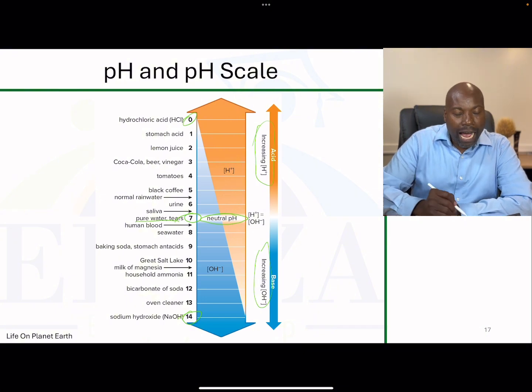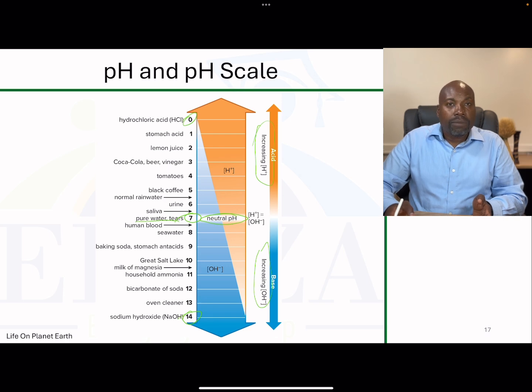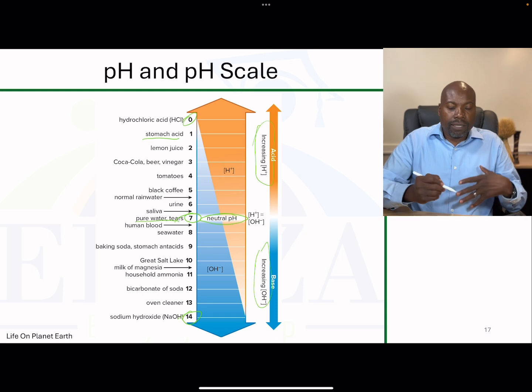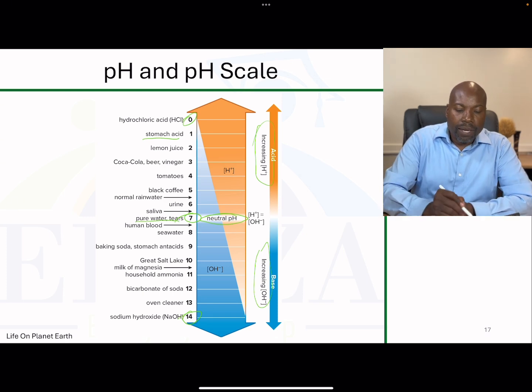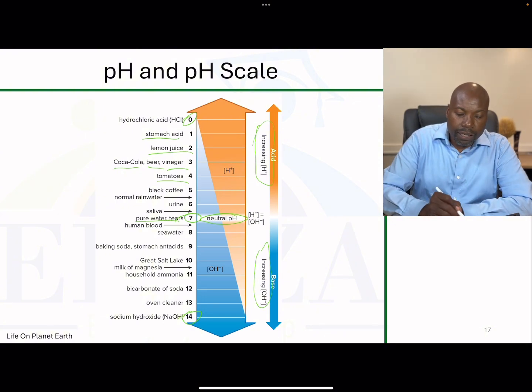So here you have some examples of substances that are acidic, including the stomach juice, right? Lemon juice, Coca-Cola, beer, vinegar, tomato juice. They are all acidic.